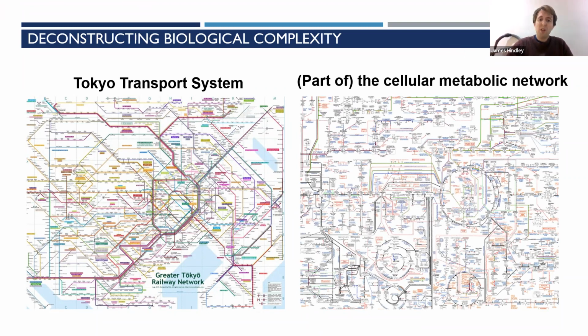Thinking about the transport system, if one of those stations goes down in that network, that's obviously going to affect the flux of movement through it. That could be subway trains, it could be cars, and it's exactly the same in a metabolic network. If we manipulate one node in that network, those changes are going to cascade through, and it might be hard to predict some of those changes.